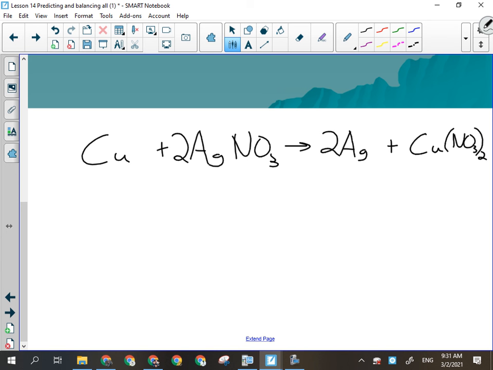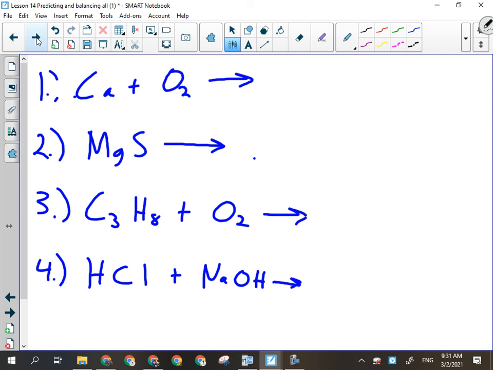Everybody all right with how we balance that one? Because we've been doing balancing already for a while. Predicting the products of a chemical reaction is very similar to what you've already been doing. On every reaction question you've had from me so far, you've been asked to identify the type of reaction.